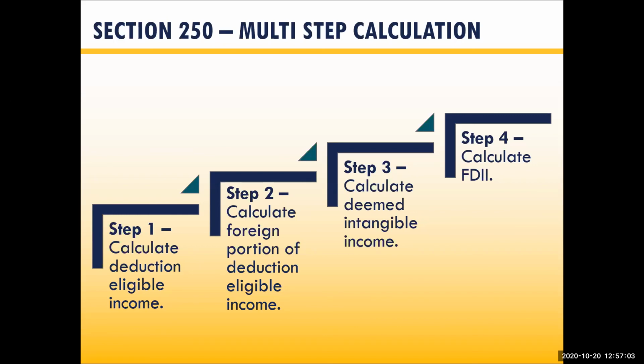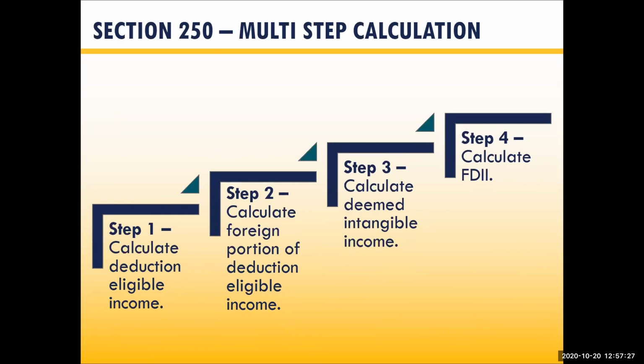So this is effectively overall what is your net income from your, let's say, trade or business. Then you determine what's the foreign portion of that deduction eligible income. So what of my sales are qualified sales for FDII purposes?